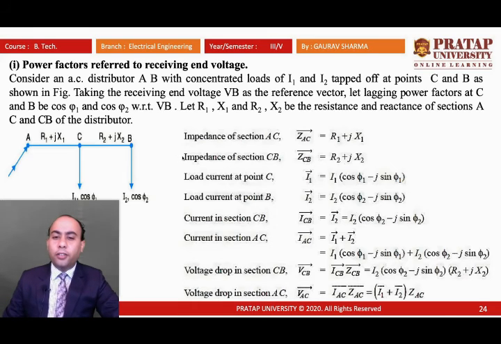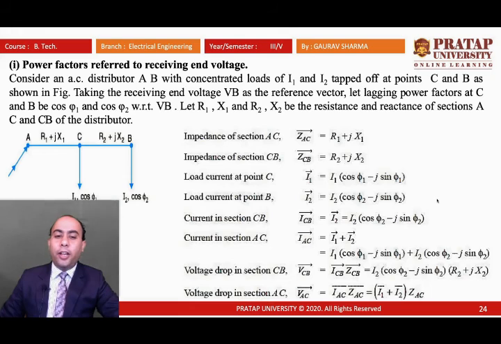So the impedance of section AC, ZAC, is R1 + jX1, and the impedance of CB, ZCB, is R2 + jX2. The load current at point C is I1 = I1 cos phi 1 minus j sin phi 1, and the load current at point B is I2 = I2 cos phi 2 minus j sin phi 2.